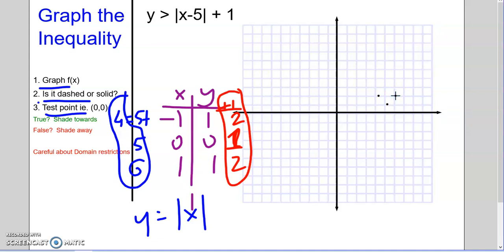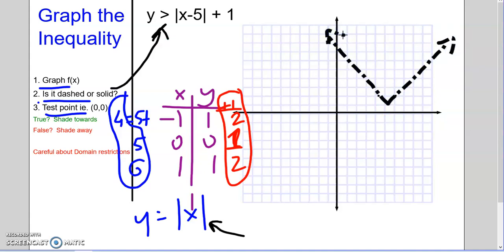Now the next step is I would decide, is it a dashed or solid shape? And by the way, the parent function is an absolute value, so I'm going to be drawing a V shape here. So is it dashed or solid? Look underneath here, there's no line, so this is going to be a dashed line that I'm drawing. So this is straight up there, straight up there. Okay, third step, use a test point.